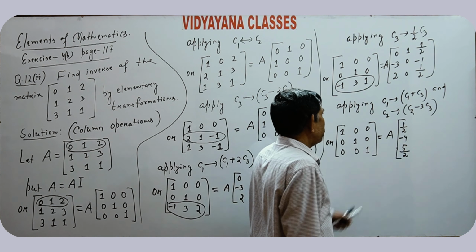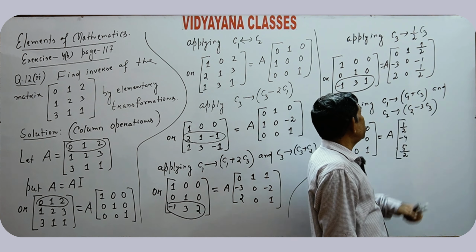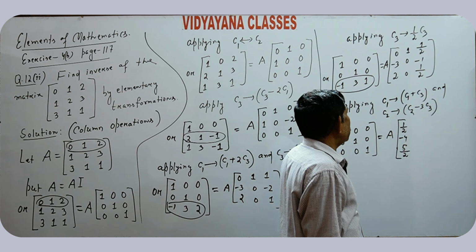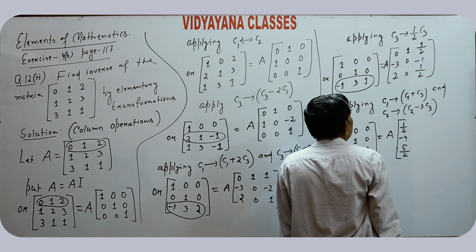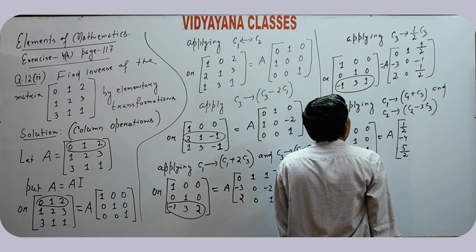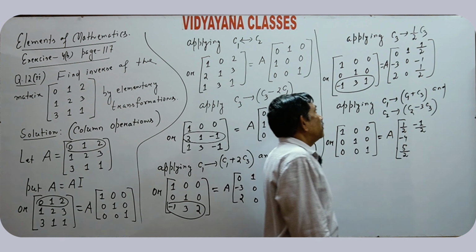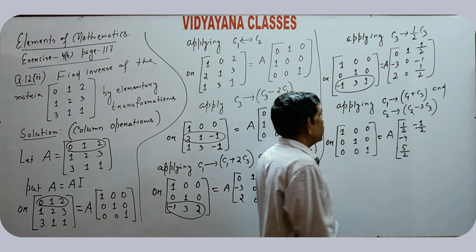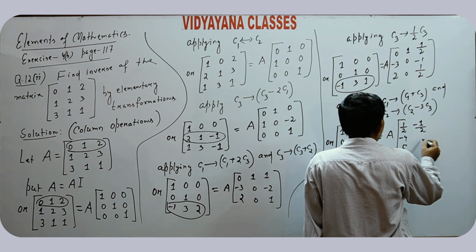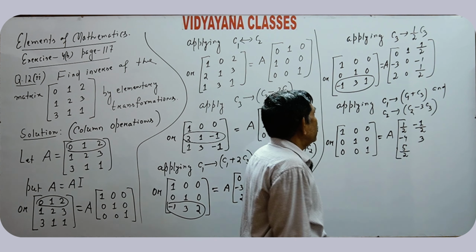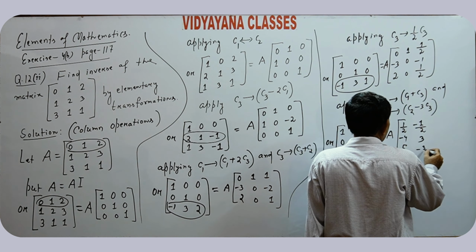C2 is replaced by C2 minus 3 times of C3. 1 minus 3 times of 3 by 2, that is half, minus 3 by 2, that is equal to minus half. 1 minus 3 by 2. 0 minus 3 times of minus... that is equal to 3.